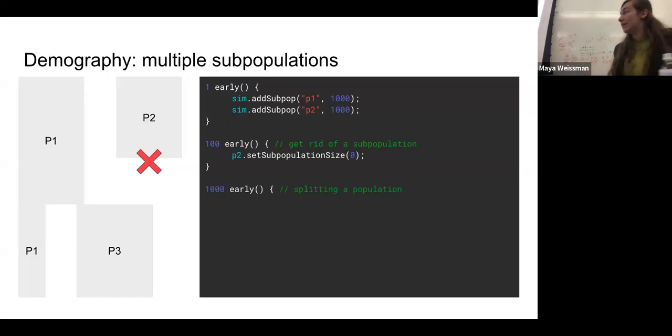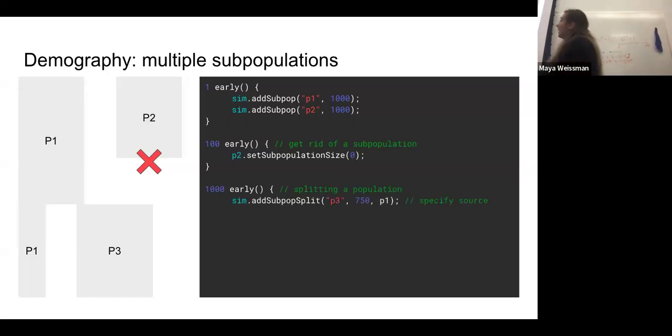At any time, you can split a subpopulation. So I might say, sim add subpop split. P3 is the new name of the subpopulation. 750 is how many individuals to take from P1 to found P3. And P1 is the source. You can also give it two vectors here. So let's say I actually wanted P3 to be founded half from P1 and half from P2.